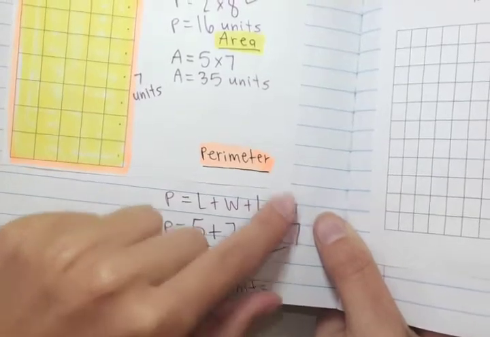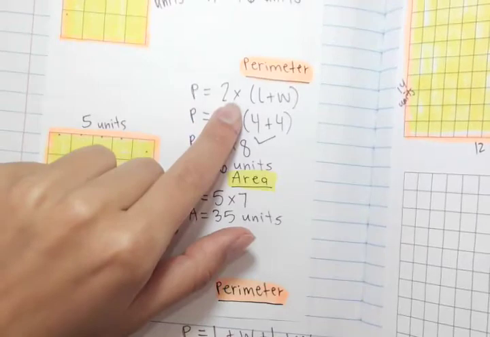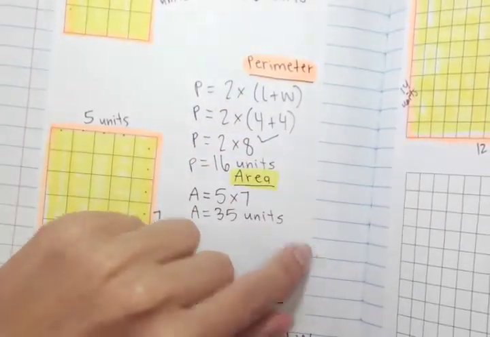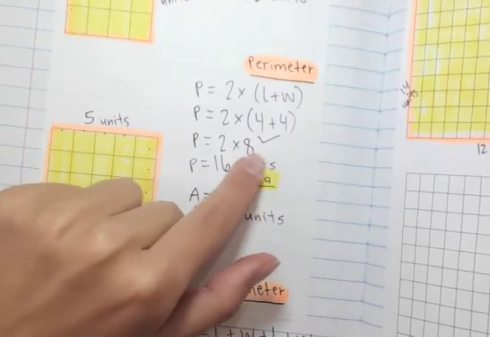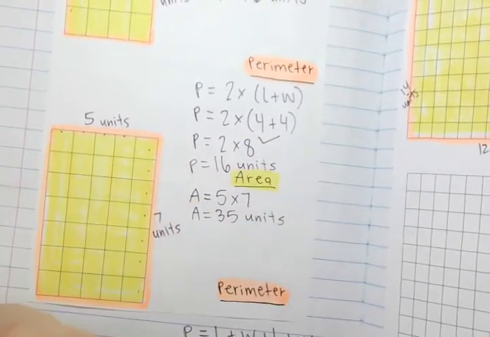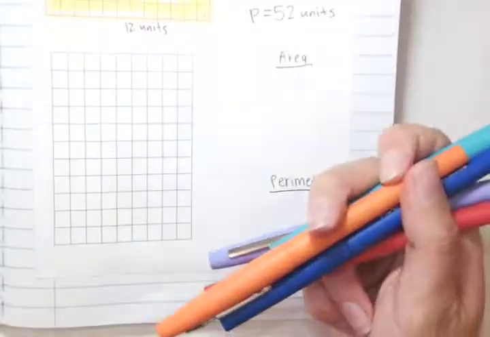Kind of a shortcut way of doing that formula is perimeter equals 2 times length plus width. So that would mean 4 plus 4 times 2. So 8 times 2, 16 units. Okay, so with that example, let's move on to doing one on our own. Let me move this out of the way.